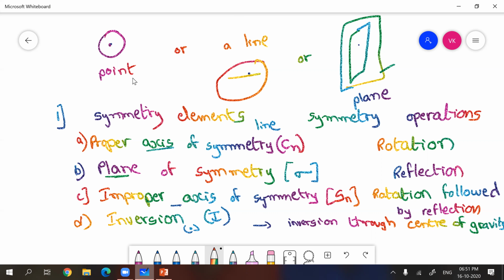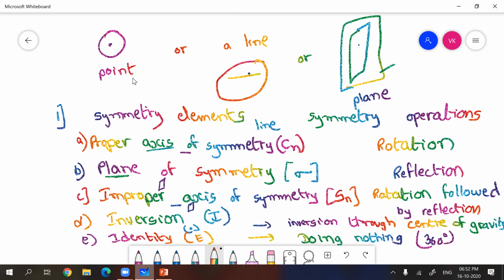In this case, line followed by plane. Whereas here it is only a plane, and here it is a line. And the last one is identity. All elements in the universe, even including molecules, have one minimum symmetry element, that is identity. This is said to be a doing-nothing operation, or you can say rotation by 360 degrees. 360 degrees rotation will give you the same thing. So these are the 5 symmetry elements.